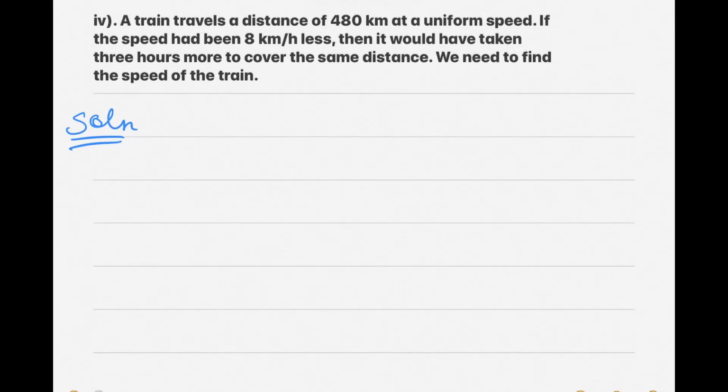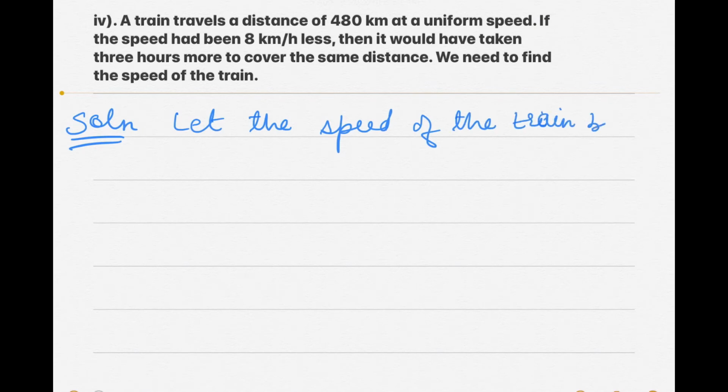Whatever has been asked, I'll take that as x. So let the speed of the train be x kilometers per hour. Now it travels, and we have to use the formula for speed.